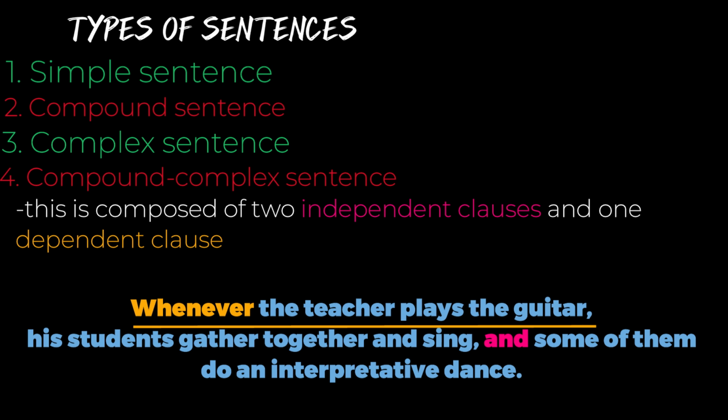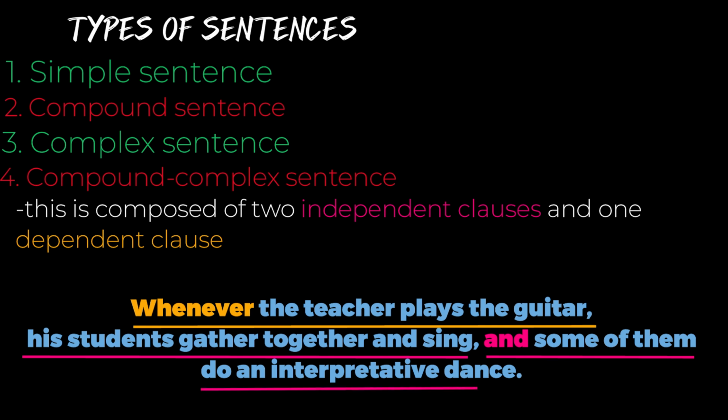It can't stand alone. His students gather together and sing is an independent clause, we can understand that. And some of them do an interpretative dance is also an independent clause, which means these two independent clauses can stand alone. We can definitely understand those two clauses because they express a complete thought.